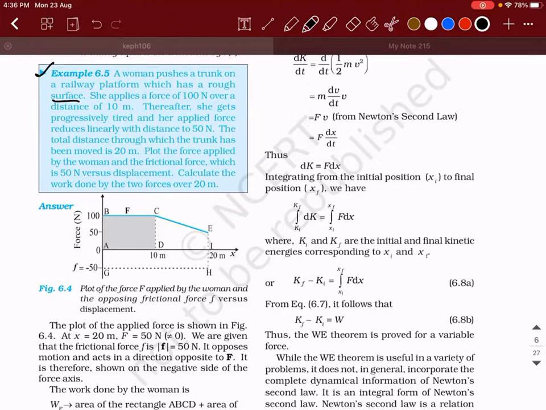The total distance through which the trunk has been moved is 20 meters. Plot the force applied by the woman and the frictional force, which is 50 Newton, versus displacement. Calculate the work done by the two forces over 20 meters. Let me break it into chunks and explain this concept.